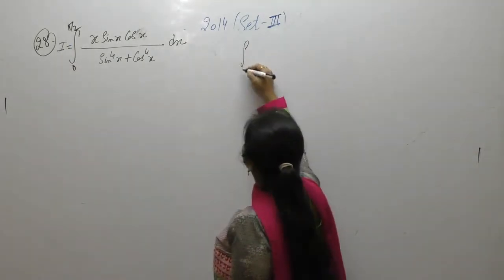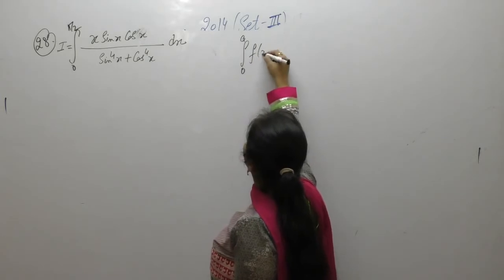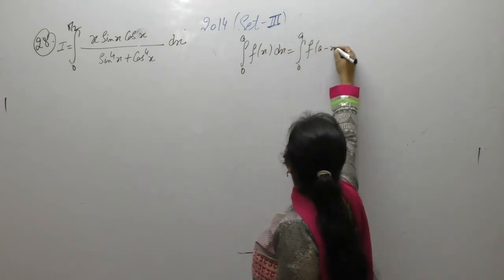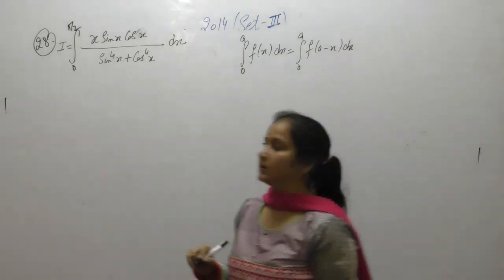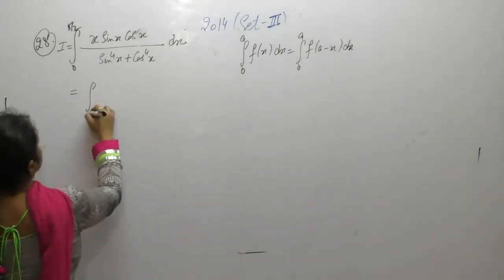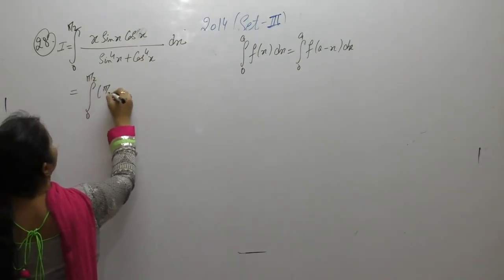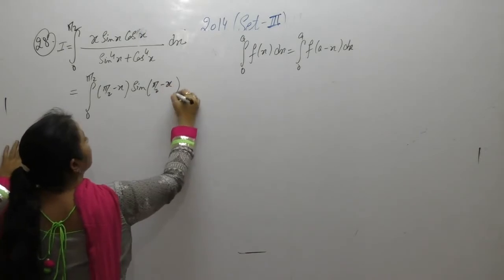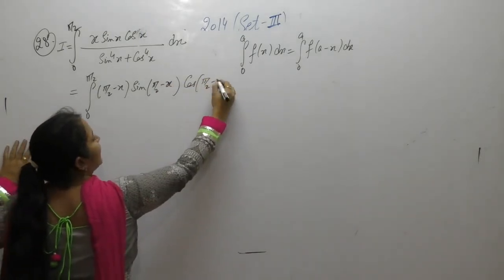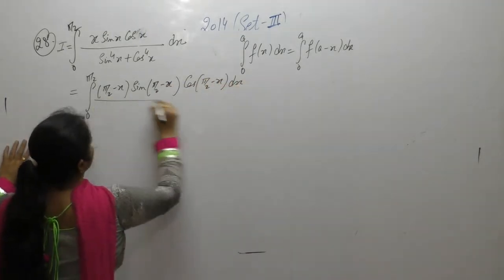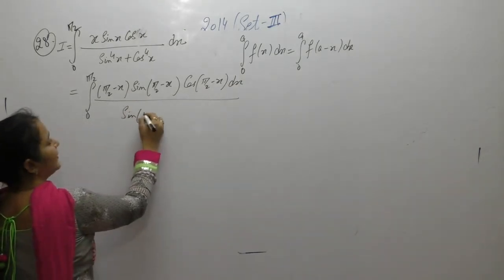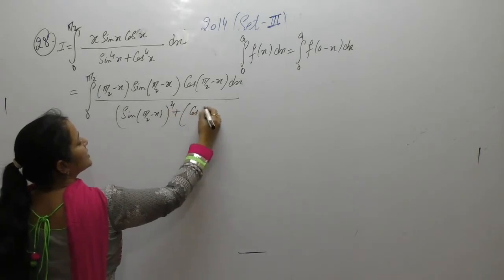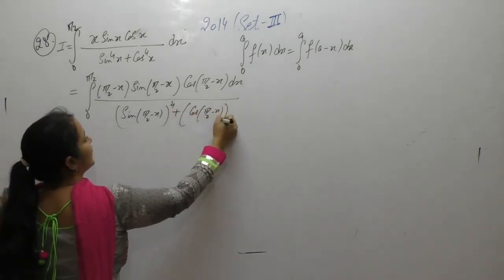Now use the property: integral from 0 to a of f(x) dx equals integral from 0 to a of f(a minus x) dx. Now put the value: integral from 0 to pi by 2 of (pi by 2 minus x) sin(pi by 2 minus x) cos(pi by 2 minus x) dx upon sin^4(pi by 2 minus x) plus cos^4(pi by 2 minus x).